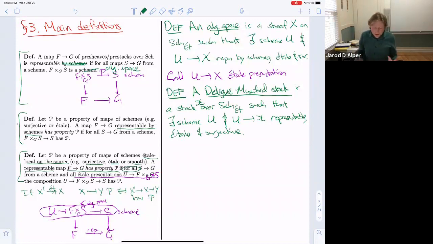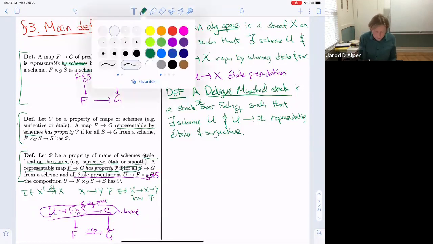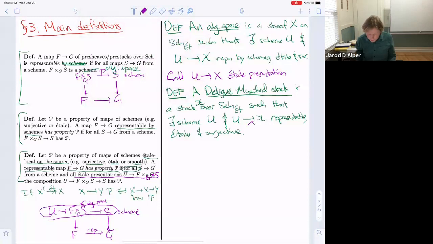So it's almost like taking the definition of an algebraic space and replacing the sheaf with a stack. But there's one subtle difference. It's not really that important. I'll say a few more words later, but the difference is that the map is just declared to be representable and not representable by schemes. And this map here, we call an Étale presentation.